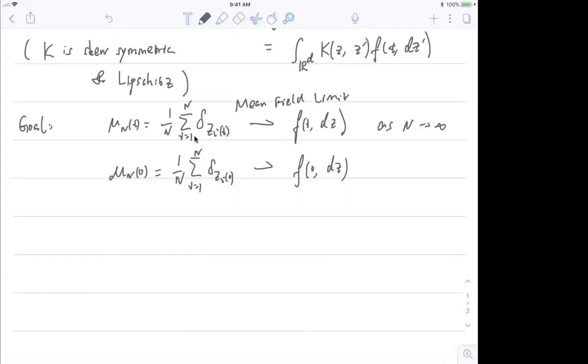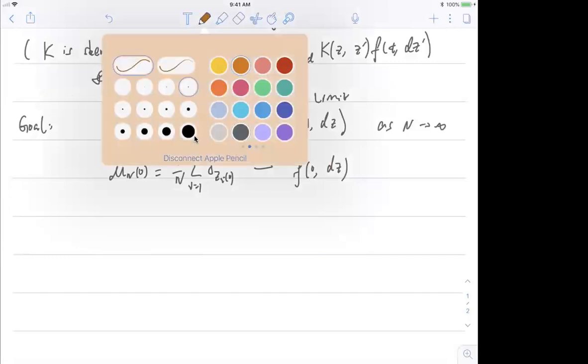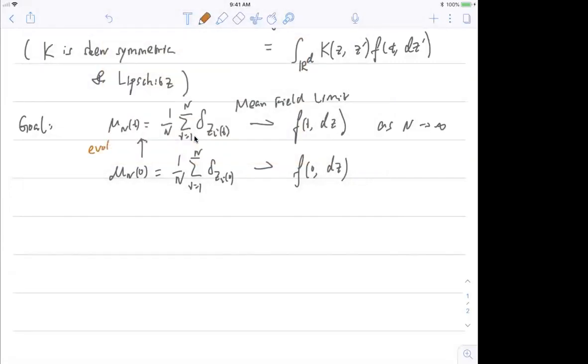From the left-hand side, we evolve the ODEs, the particle system. We run the dynamics of the ODEs. From the right-hand side, we evolve the PDEs.